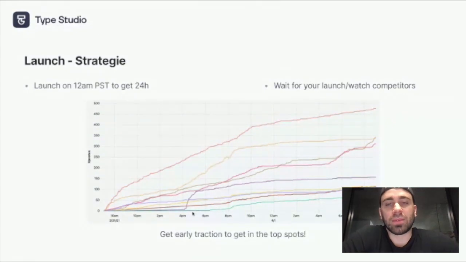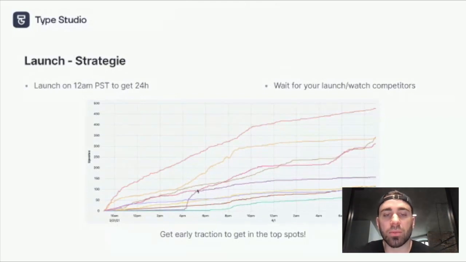So sometimes people launch a little bit later, and then in a short amount of time they get very many upvotes, which brings them to the top spots. And so sometimes you will see this as well.